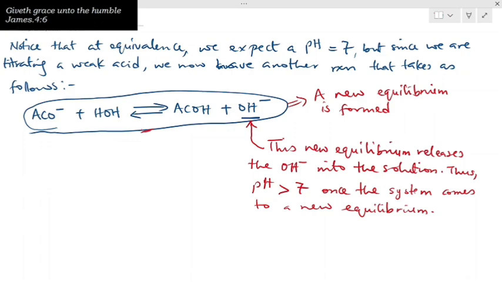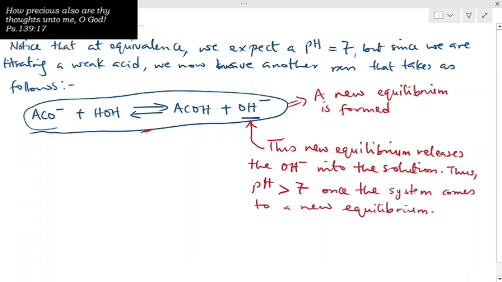But now that I have acetate floating around, remember that acetic acid is a weak acid. It has a very small Ka, which means it does not want to be acetate. It wants to be acetic acid, not acetate.